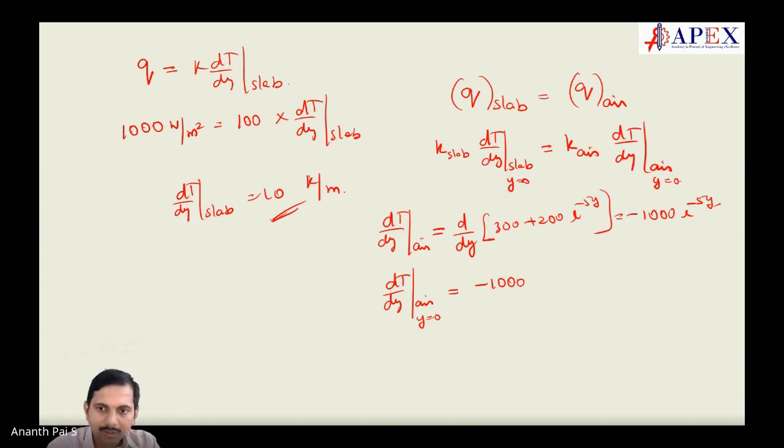Correct? You apply this over here. K is given, therefore what you will get: K of the slab is 100 into dt by dy of the slab is equal to K of the air, which is 1, into dt by dy of the air, which is minus 1000. Minus and minus cancel on both sides.